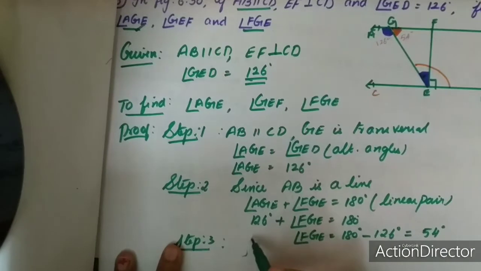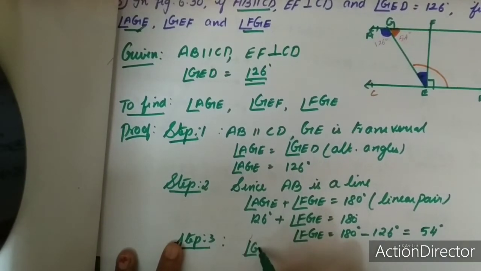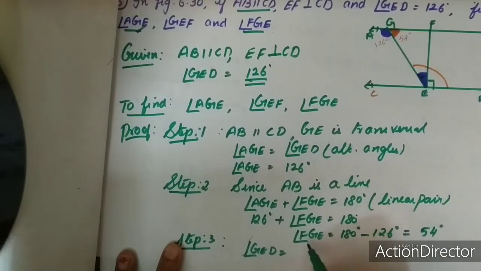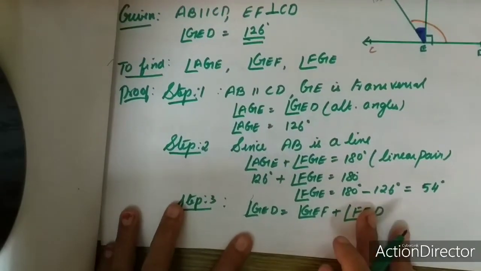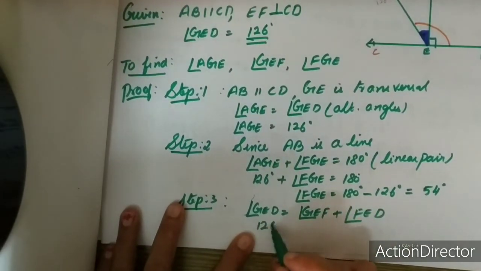So I can write angle GED is equal to angle GEF plus angle FED. So 126 degree is equal to GEF, which I have to find, plus FED.